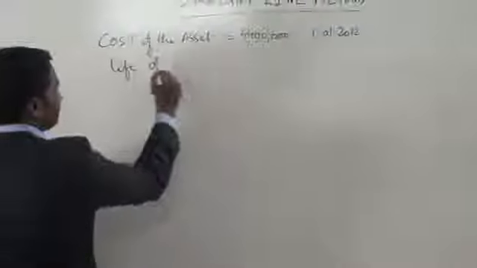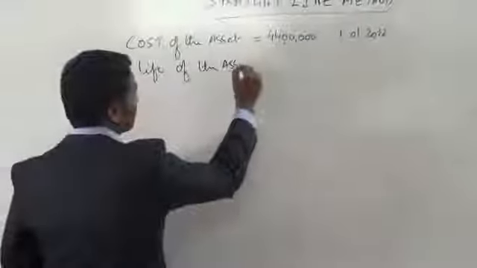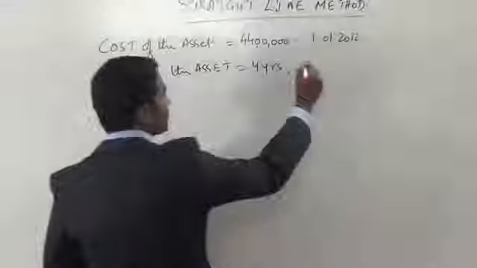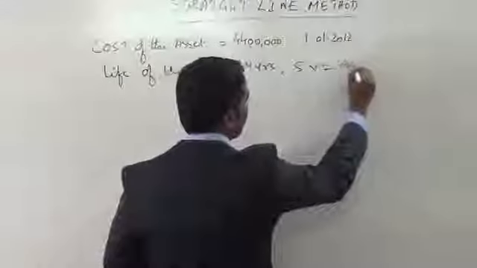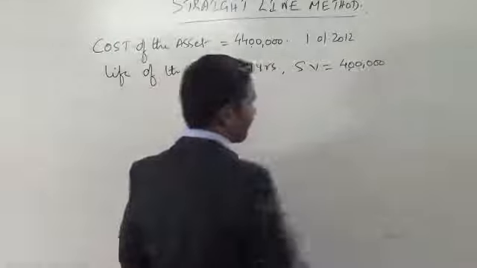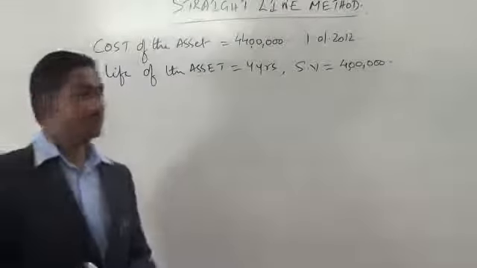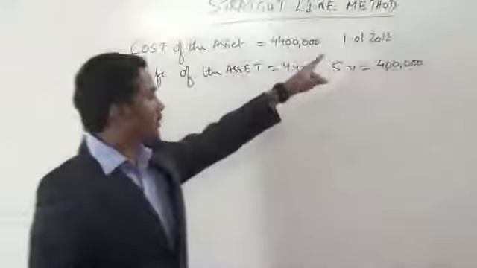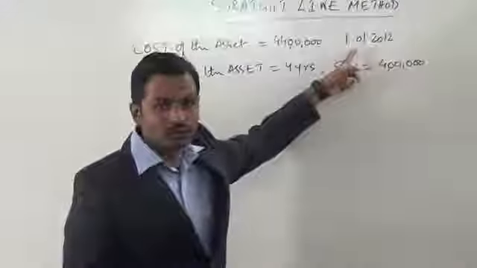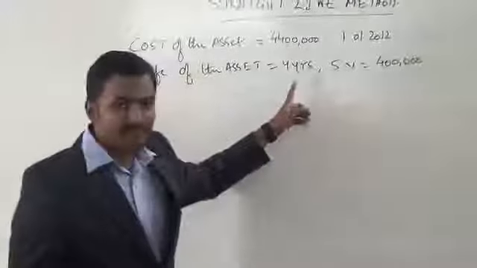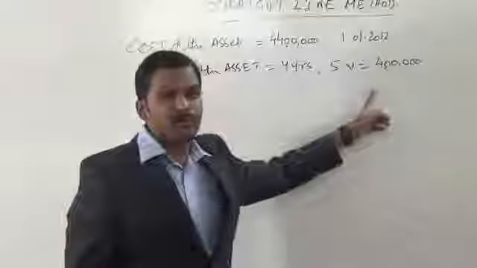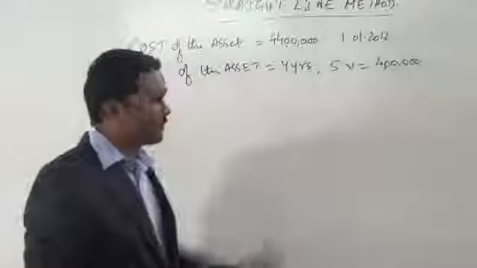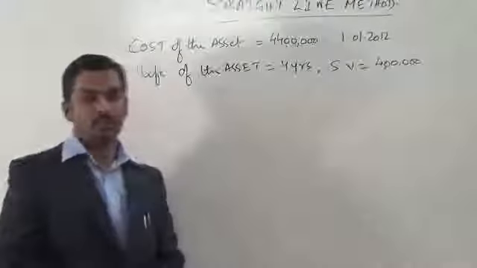Life of the asset is 4 years and scrap value is 4 lakhs rupees. There is an asset which was purchased at a cost of 44 lakhs rupees. It was purchased on 1st January 2012. It has a life of 4 years and its scrap value at the end of its useful life is only 4 lakhs. Now, can you help me in calculation of depreciation for this problem?